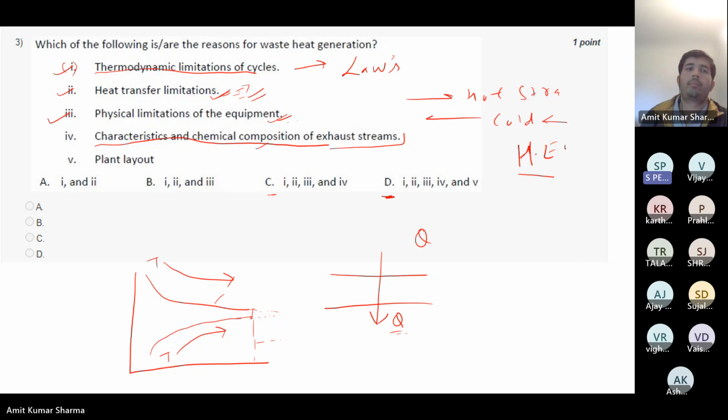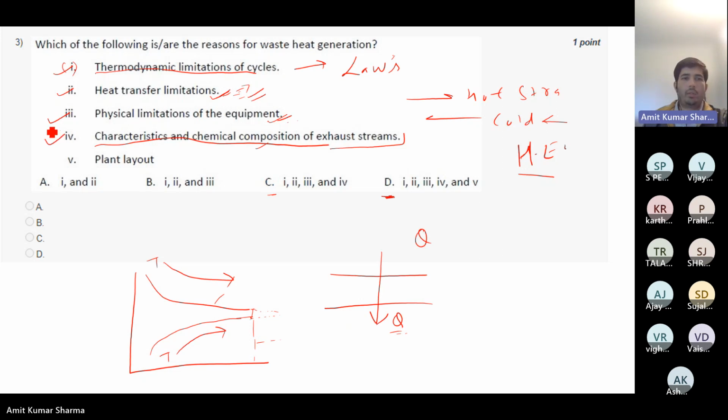In the boiler and many other places, the exhaust stream may have combustion happening depending upon fuel availability. Yeah, correct. So the chemical composition of the exhaust stream can also be a reason for waste heat generation.